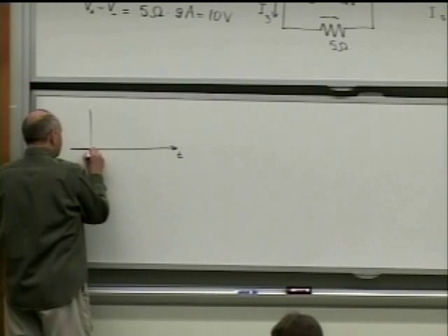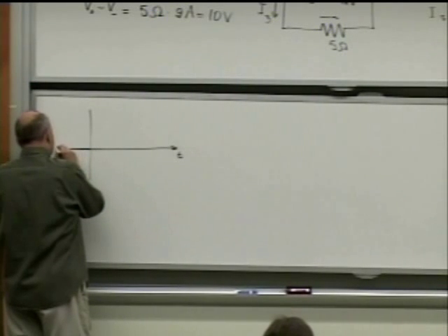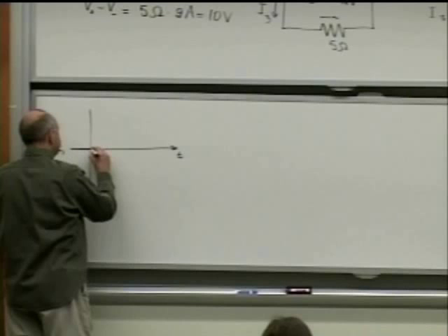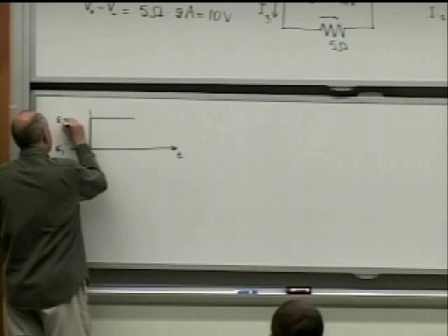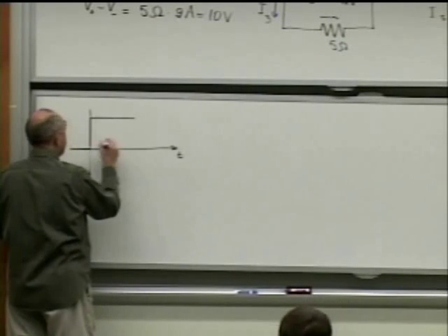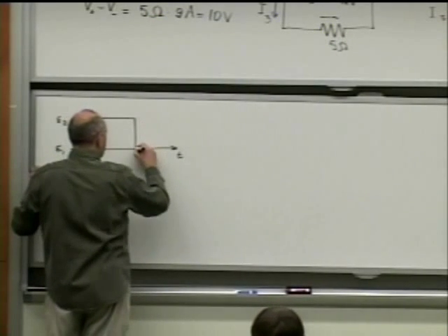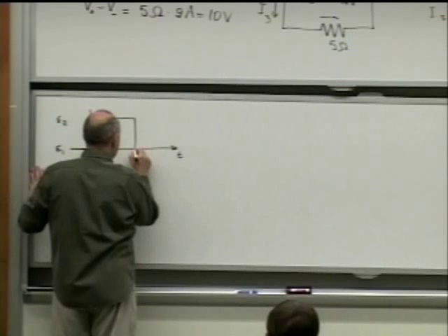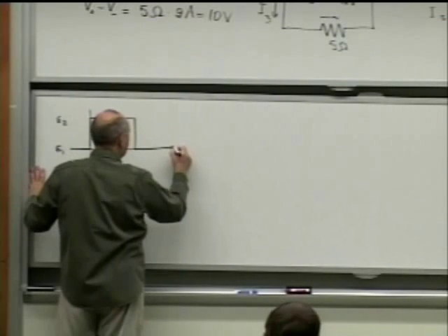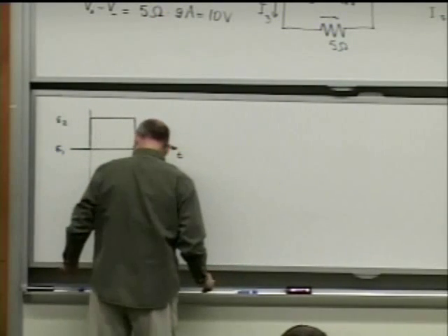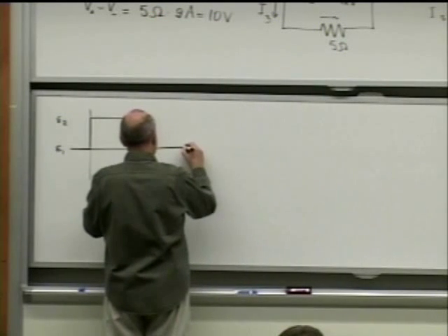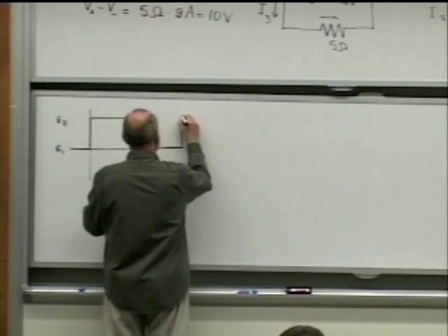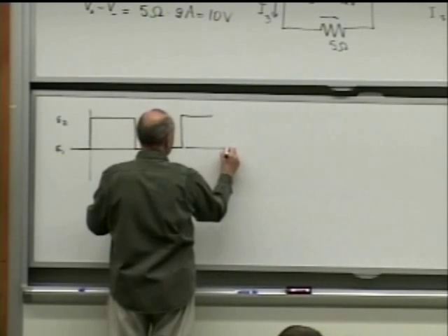For simplicity, why don't we take this value and call it epsilon 1 and another value epsilon 2. And then how about if we consider that it drops back to epsilon 1 and then comes back to epsilon 2 and so on.